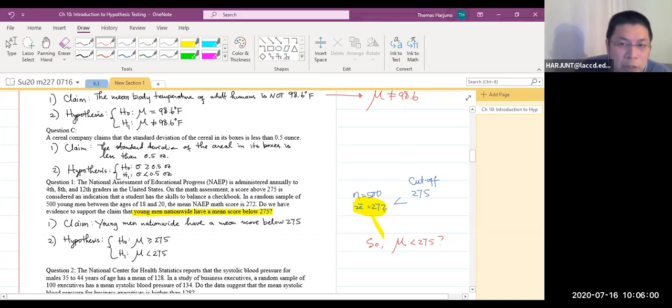Okay. Is 272, which is 3 points from 275, a small difference that may happen by chance because of sampling error? Now, how about the sample size of 500, which is actually very big?